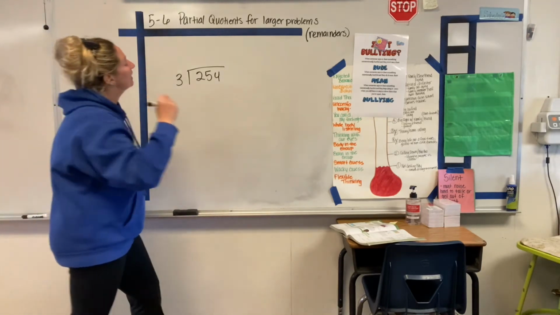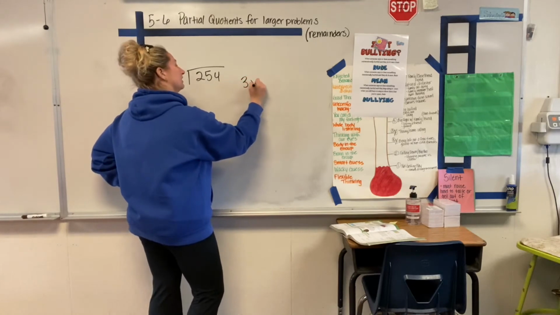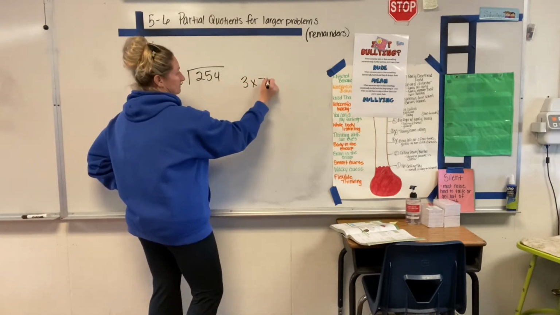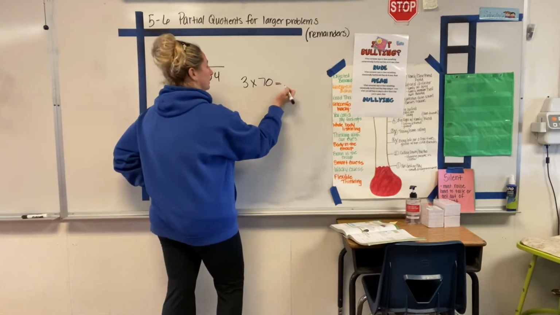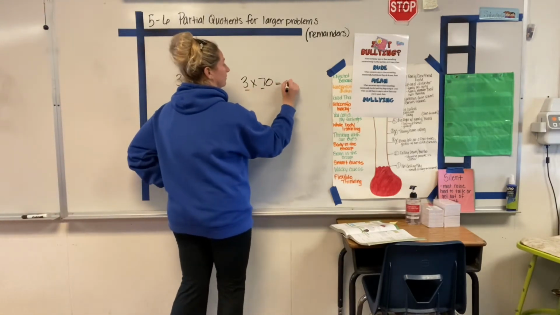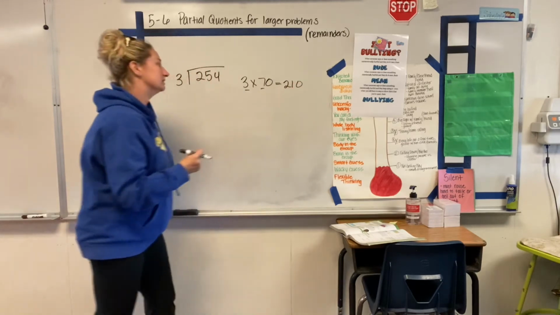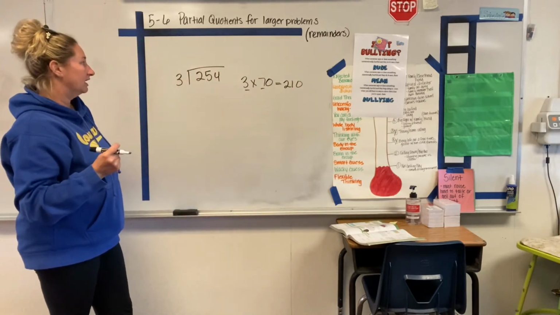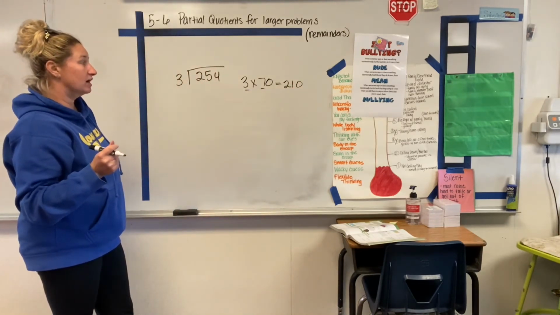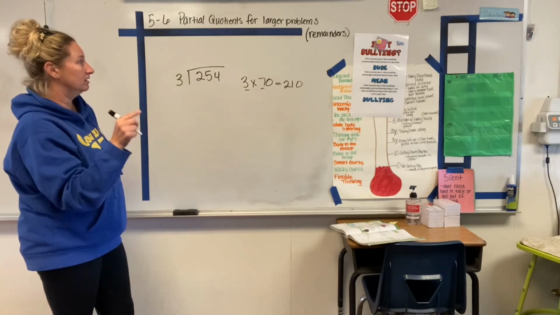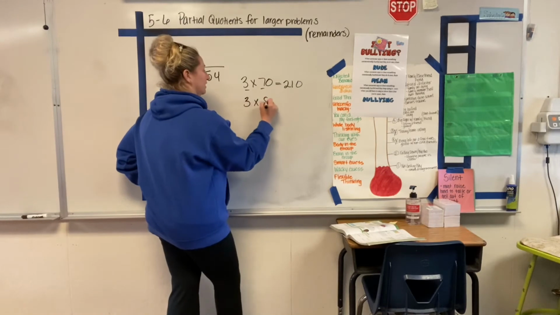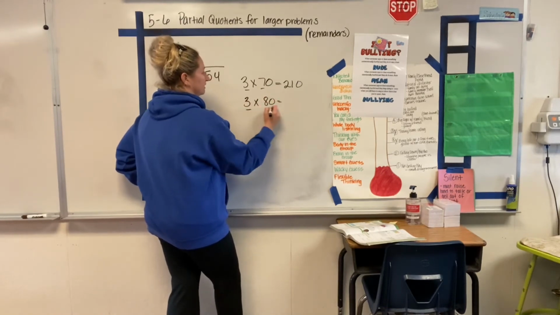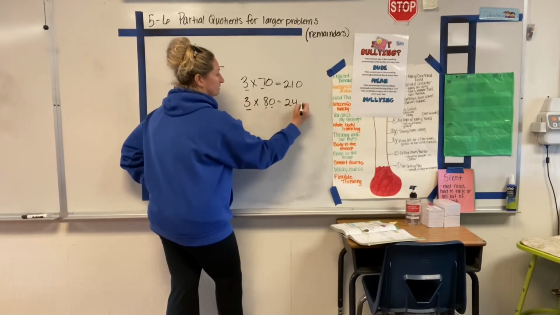I know 3 times 7, so let's just say 70, because the answer needs to be in the tens place. 3 times 7 is 21 and a 0, so 210. That's pretty close. Let me try 3 times 80 and see if that's closer. 3 times 8 is 24, and a 0, that's 240.